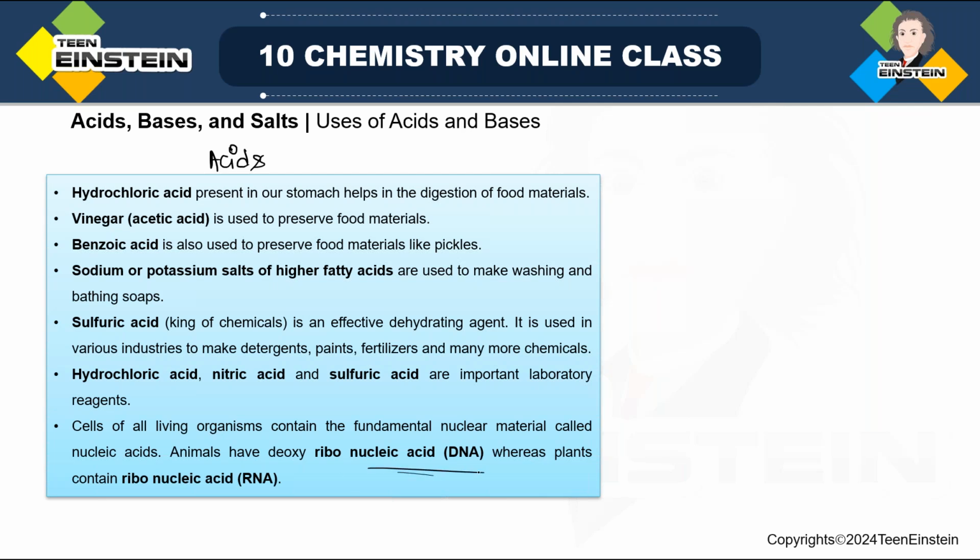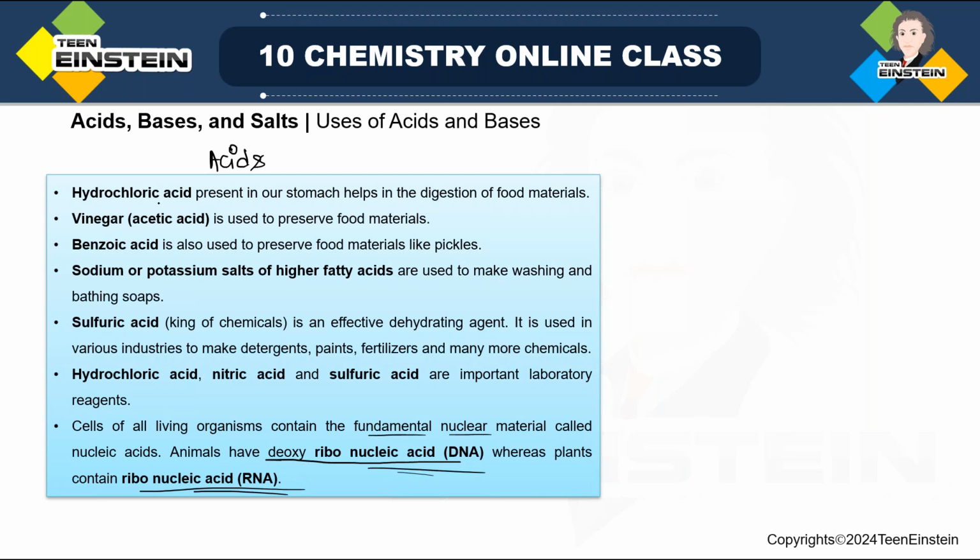Though there are some acids that are biologically important, detailed structure we obviously don't need, but this information is very important: the cells of all living organisms contain a fundamental nuclear material, which is nucleic acids. Animals have DNA, the full name is deoxyribonucleic acid, and plants have RNA, ribonucleic acid. Just this much is enough.